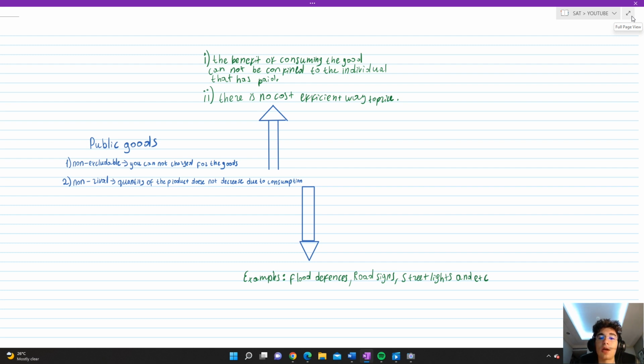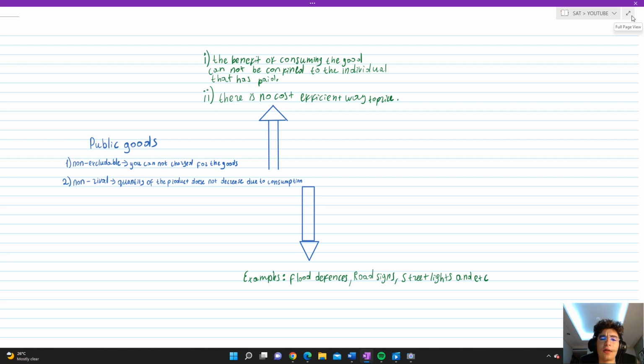Streetlights are also non-rival because when they are consumed, the quantity available does not diminish for everybody else. Just because you might have paid for a streetlight, it turns on and you stop using it, it doesn't just switch off automatically, it stays on for everybody else. The quantity available does not diminish upon consumption.